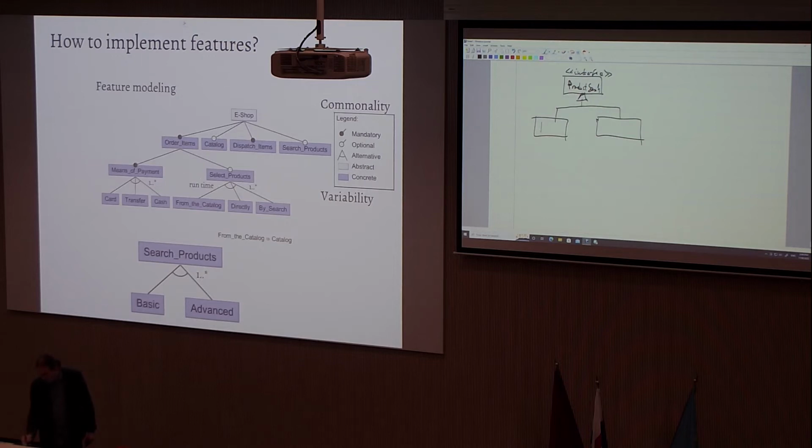So basic, let's just call it B, and advanced search, so that I don't have to write too much. So basic and advanced search, or you can imagine this, like you have basic search and your advanced search is derived from extending your basic search.